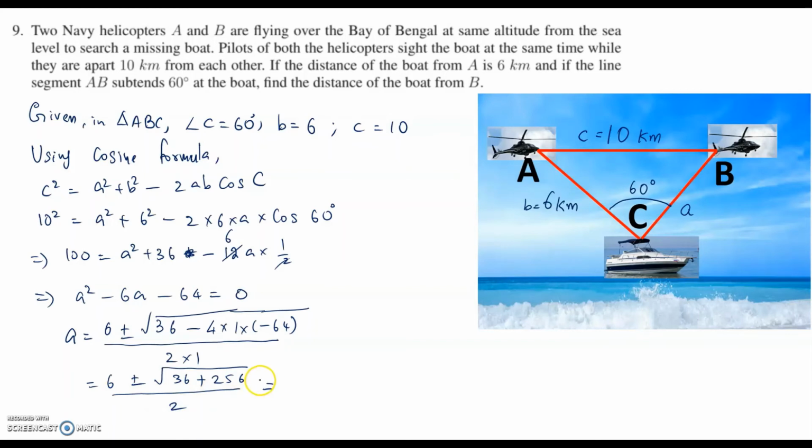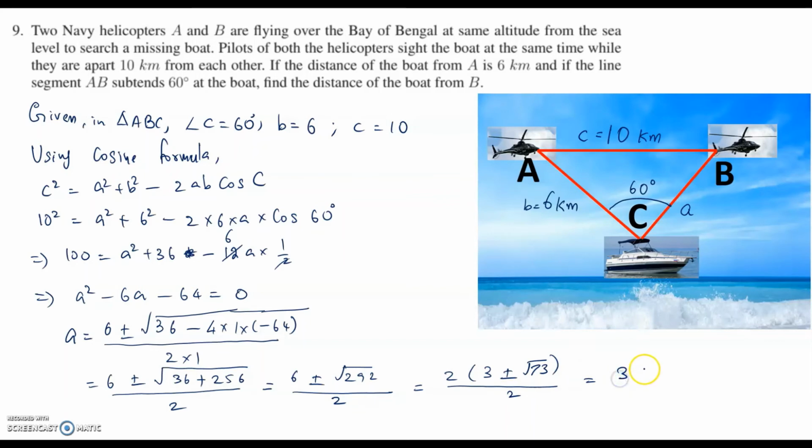Further solving this, this is 6 plus or minus root of 292 divided by 2, which is equal to, let's take the 2 out, so this becomes 2 times 3 plus or minus root of 73 divided by 2.